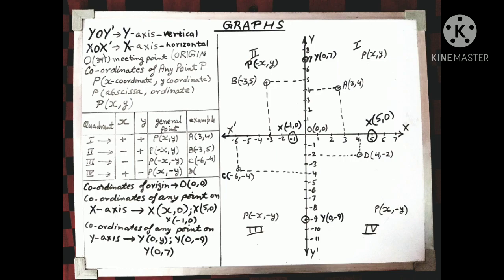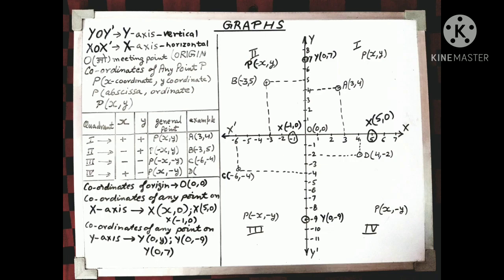In the first quadrant, any point will be P(x, y), that is, x is positive and y is positive. In the second quadrant, the x coordinate will be negative and the y coordinate positive. So any general point will be P(-x, y), right?